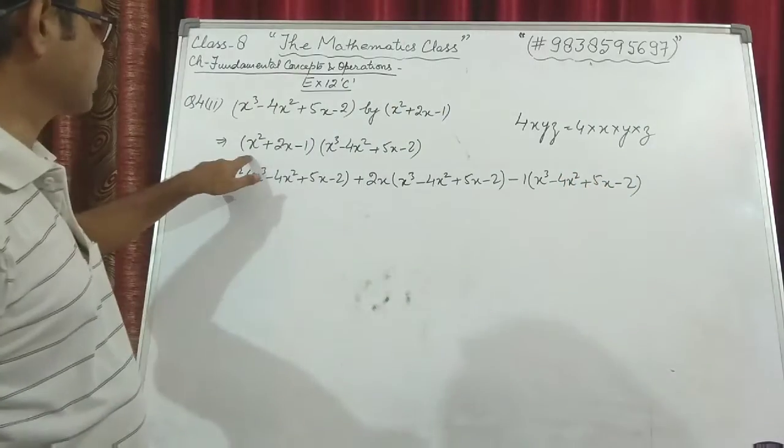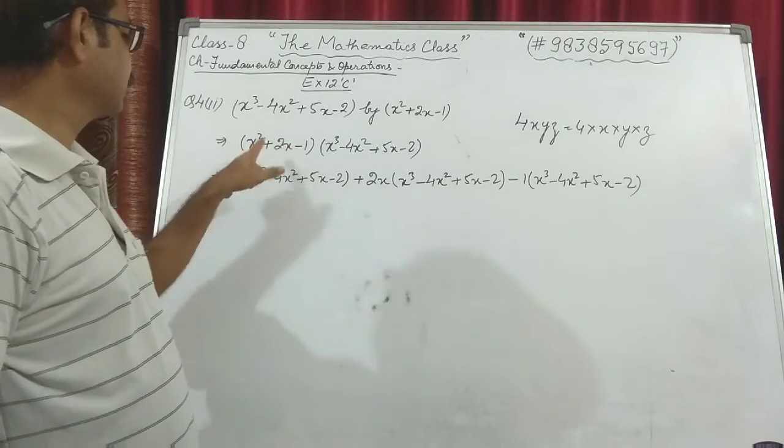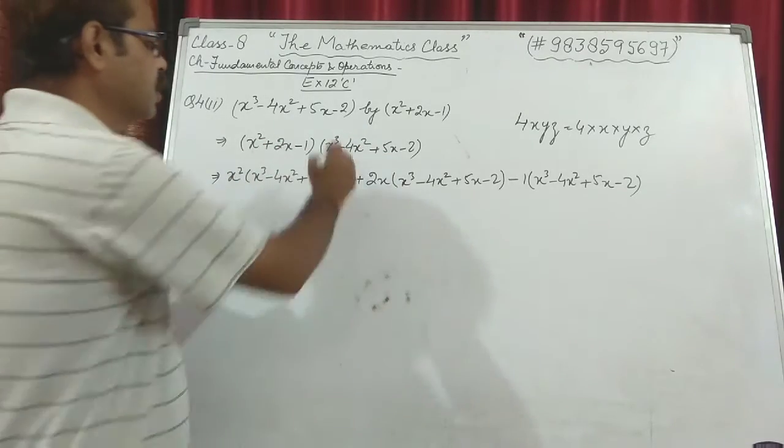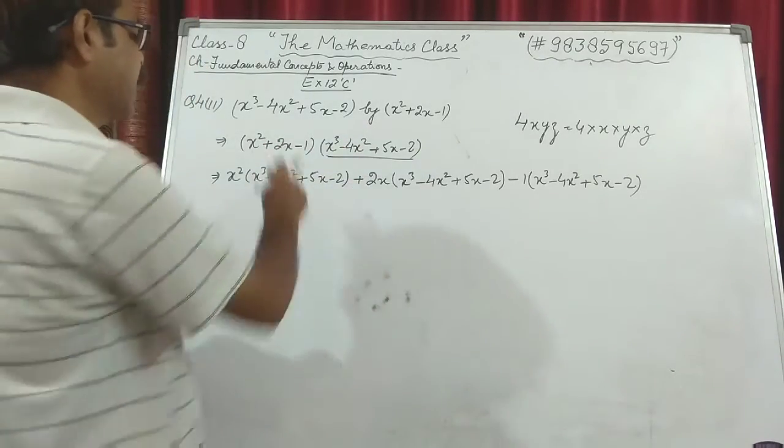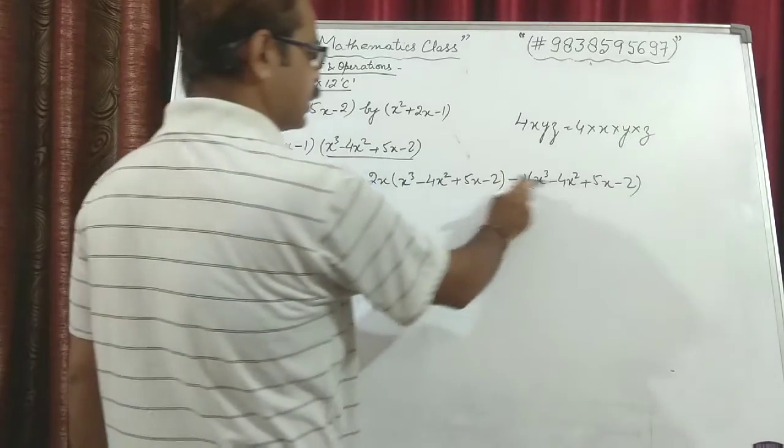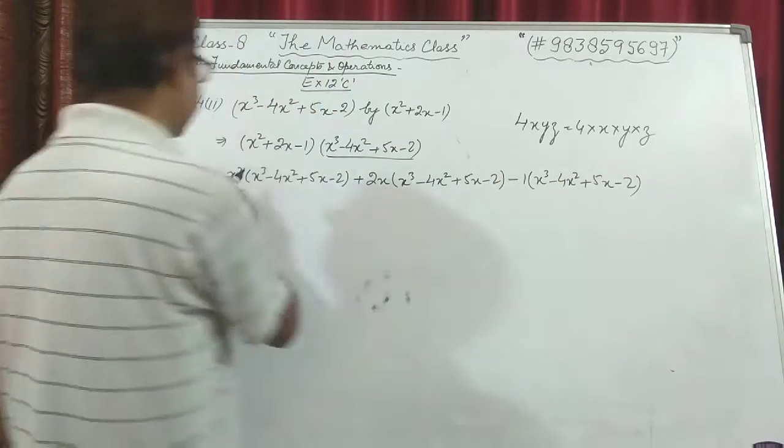What I did, first x square is multiplied to this whole bracket, then plus 2x is multiplied to all the terms, and then minus 1 is multiplied to this.